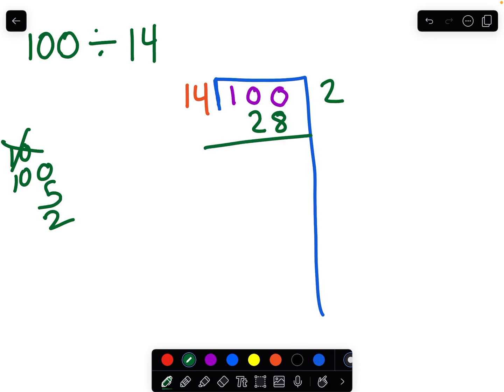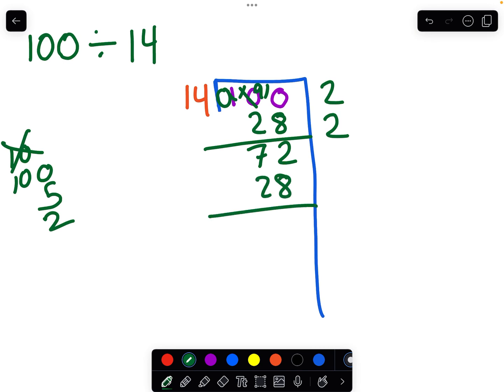And then I subtract. I'll do it the traditional way for everyone who wants to see things really clearly. I subtract 28 from 100 and I get 72. Let me fix this 7 so that it's clear. I'm having problems writing today. 72. And then I'm just going to keep multiplying by 2. 14 times 2, again, that's 28.